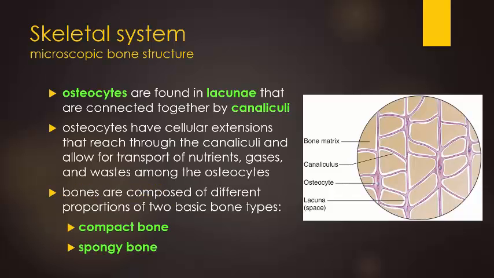Okay, so as we look at the microscopic structure of a bone, I'm hoping that you're remembering stuff from when we did our chapter 5, because we talked about osteocytes then as being the primary cell type that we find in bone.